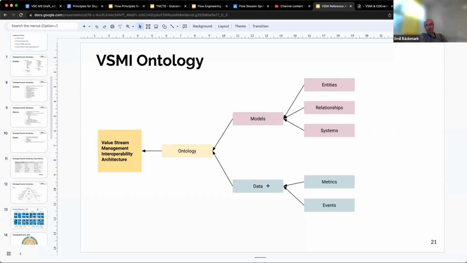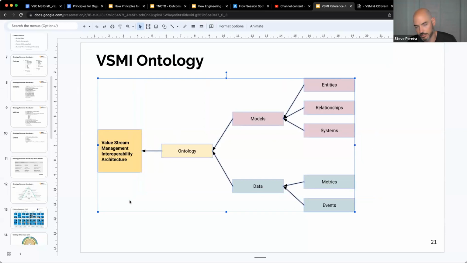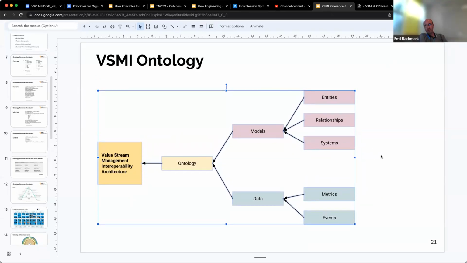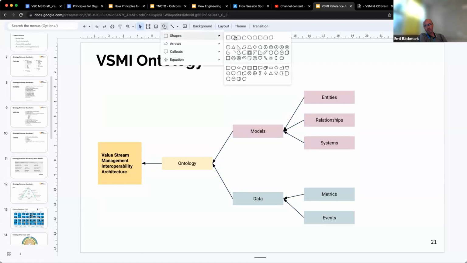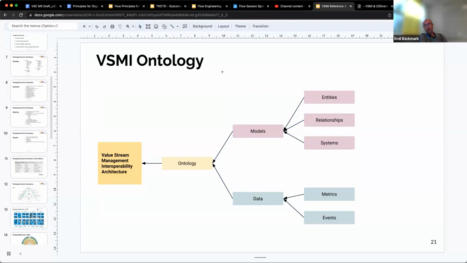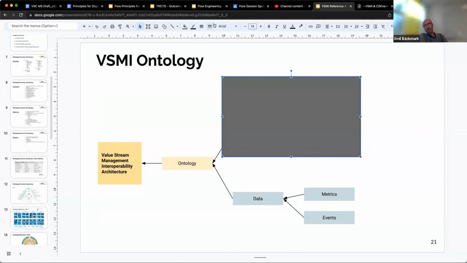So the model is more static then, right? And the data is transient or happening. Yes, the data would reference the models in some way. When we talk about models, that is what we often refer to as the source of an event. For example, a Jenkins instance could be a source of an event being sent.